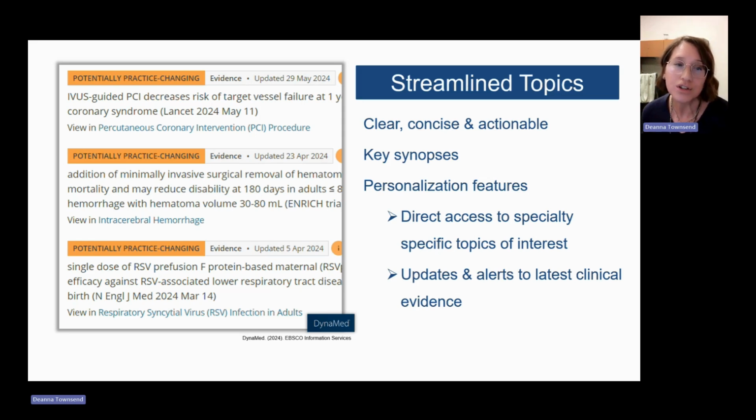There's updates and alerts for clinical specialties and clinical evidence with potential practice changing evidence that gets updated regularly. And there's clear and concise, actionable information that you would apply then to clinical practice. So DynaMed does offer those streamlined topics and updates that you are looking for when you're making those evidence-based decision-making choices.